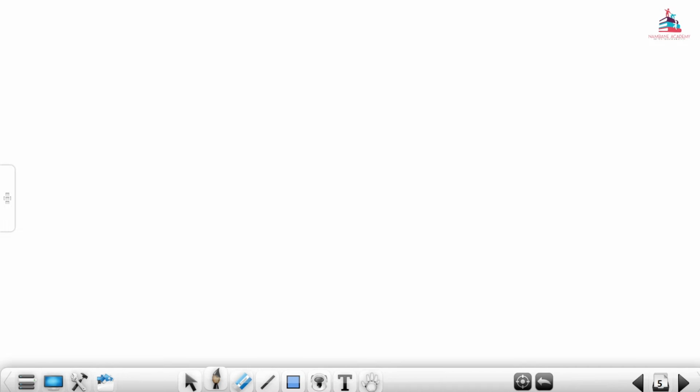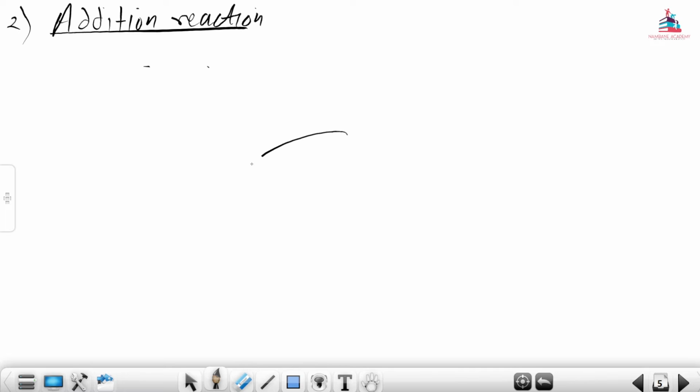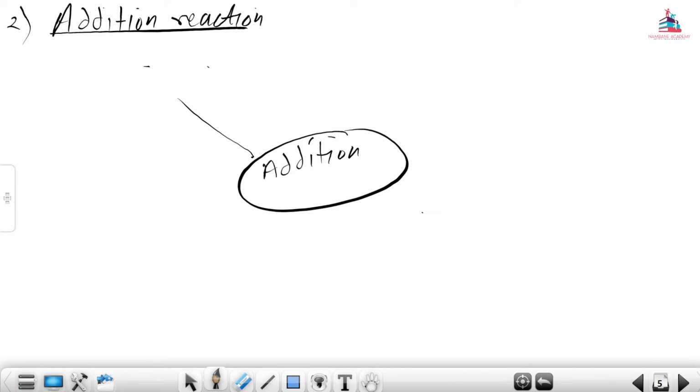So that is now number 2, addition reactions. So we have different types of addition reaction. I will make my epicenter. So I have my addition, and then I have different types of additions.